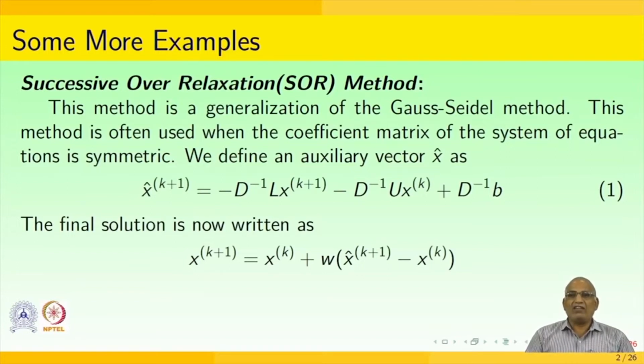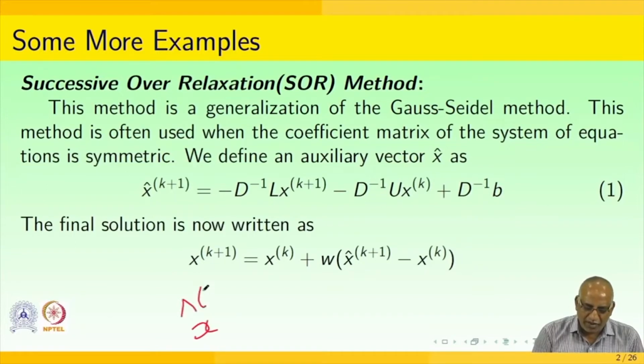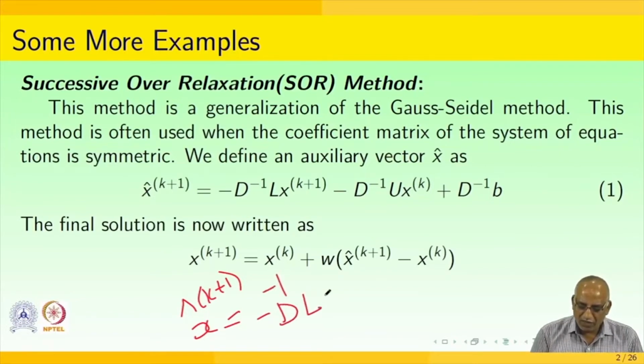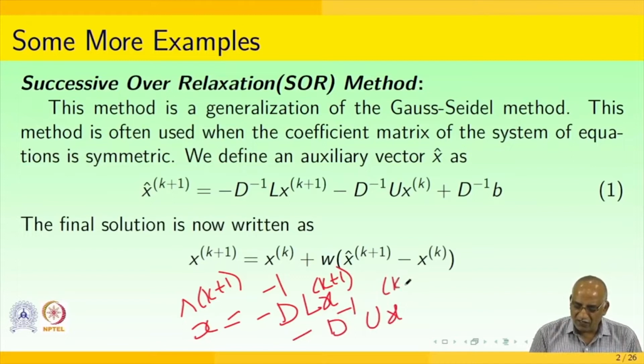We define an auxiliary vector x cap as: x cap of k plus 1 is equal to minus D inverse L of x of k plus 1 minus D inverse U of x of k plus D inverse of b.